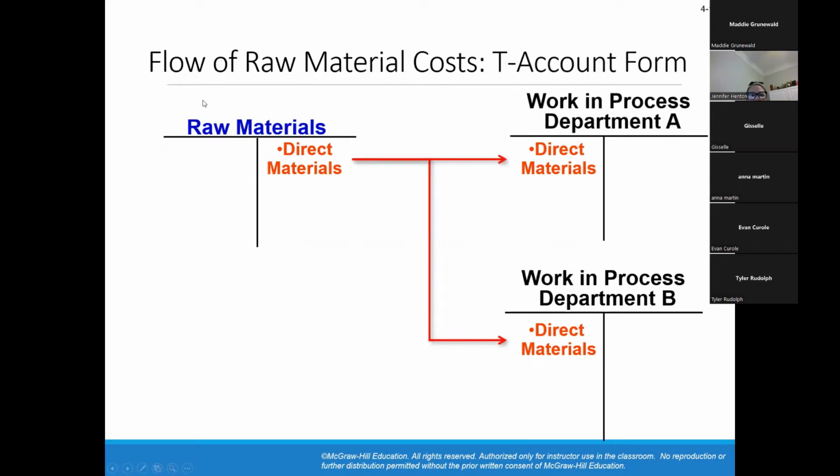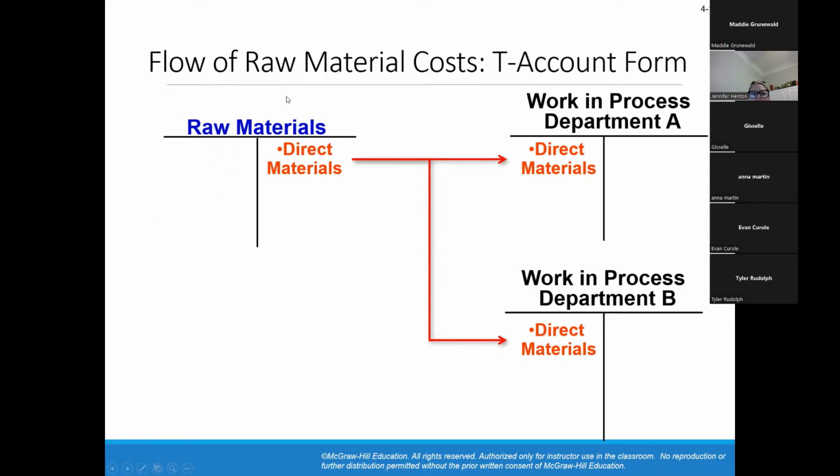Remember, raw materials. Well, what kind of account is a raw material? Asset, liability, or owner's equity? Asset. And normally assets have what kind of balance? A debit or a credit? Debit. So when I buy my material, it's sitting over here in the debit column.